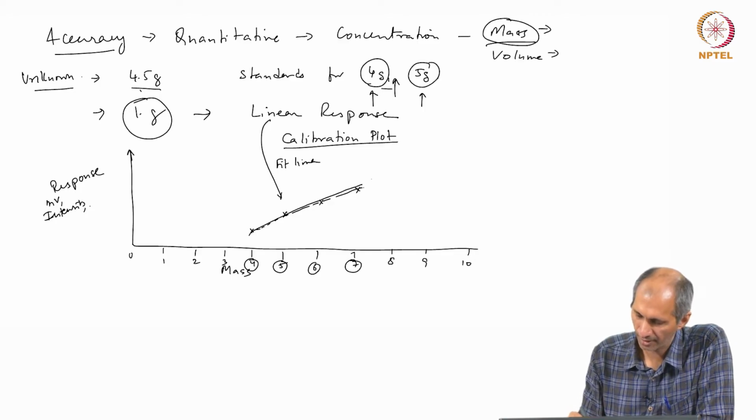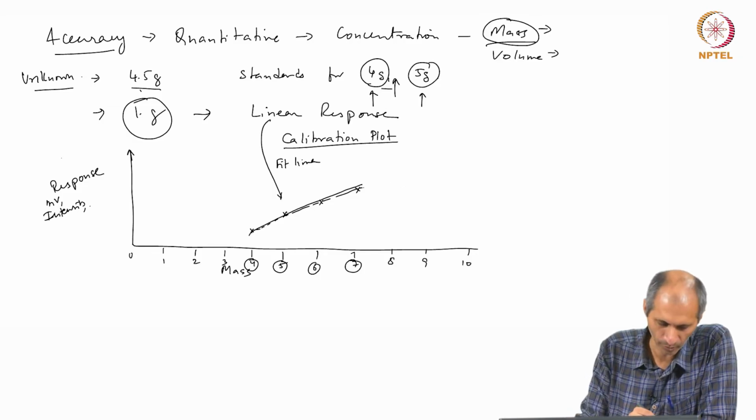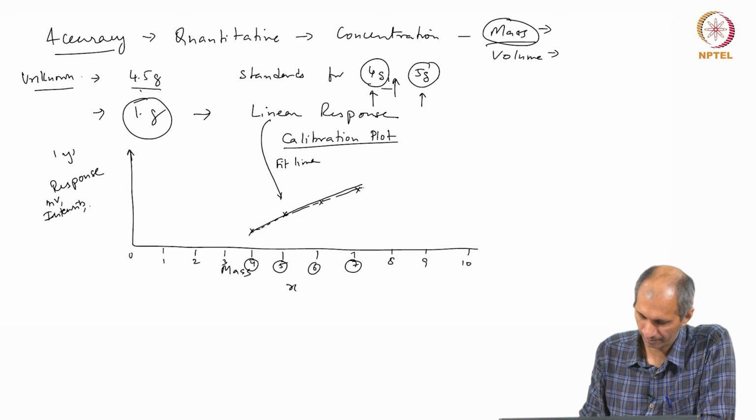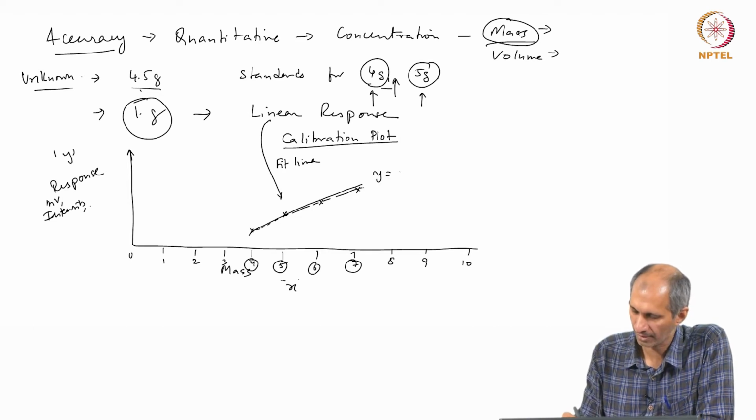So, I will get an equation where y is the response and x is the mass that we are adding: y equals mx plus c. There is a slope of this line and then there is an intercept.